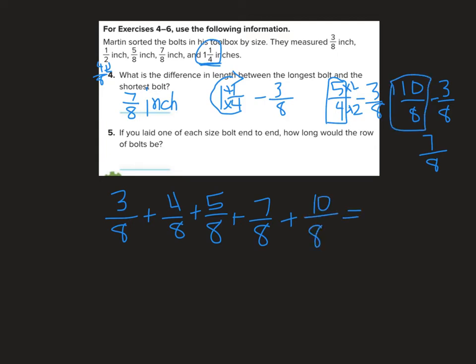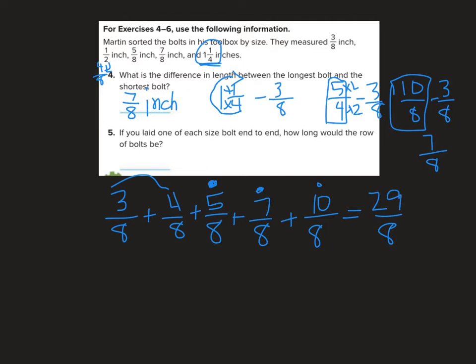Okay, now I just have to add all my numerators together, because my denominator is going to be 8. So I have 7, and 7 is going to make 14. 14 and 5 is going to make 19. 19 and 10 is going to make 29/8.